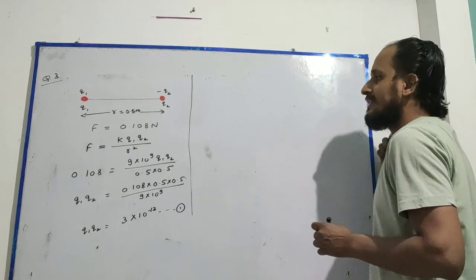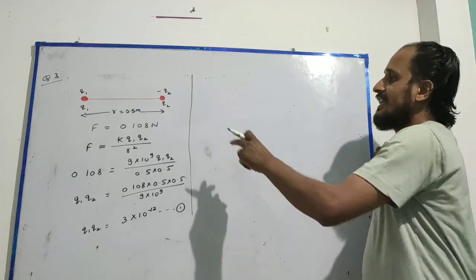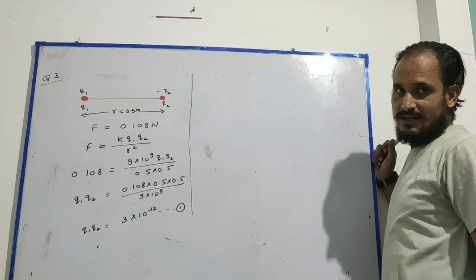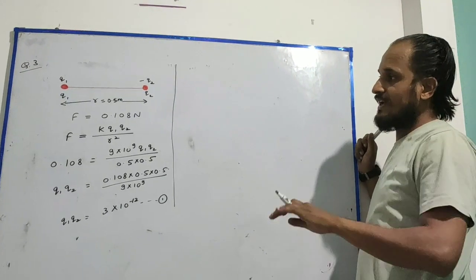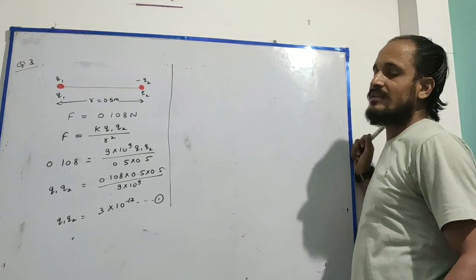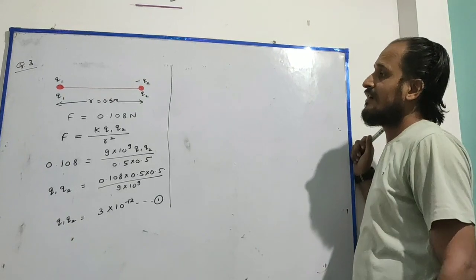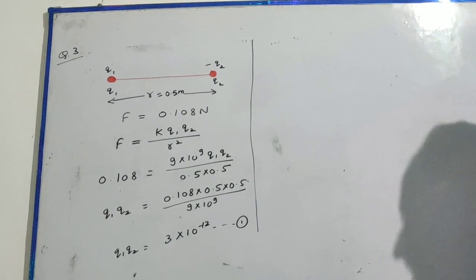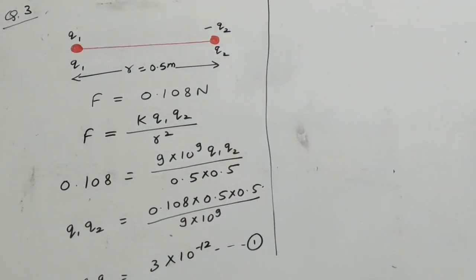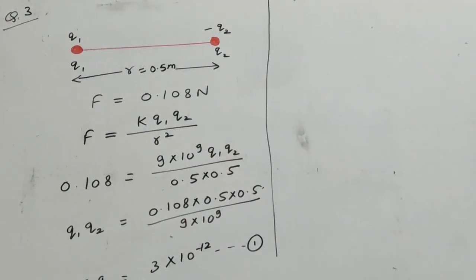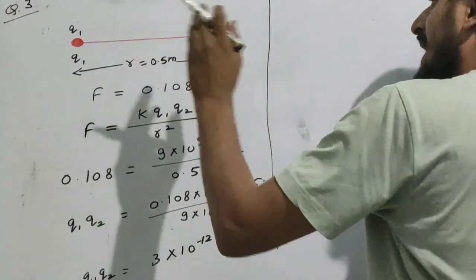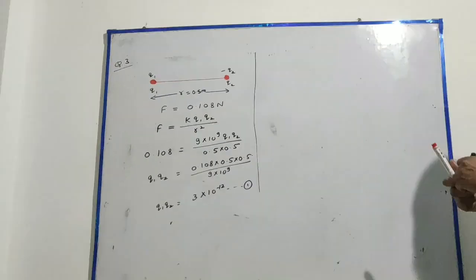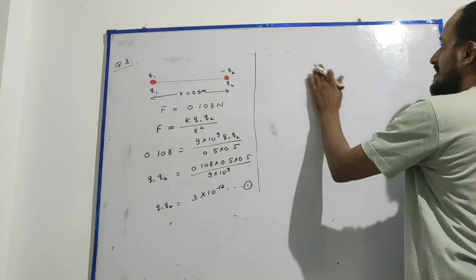Now proceed for the next part: if both the spheres are connected by a copper wire and thereafter the wire is removed and they are kept at the same distance apart. See, if you join these spheres by a copper wire, what happens? Charges will transfer from one sphere to another. We know one more thing, that the charge remains conserved.